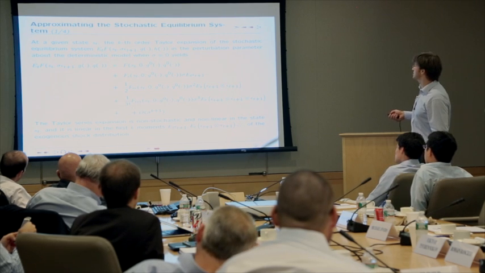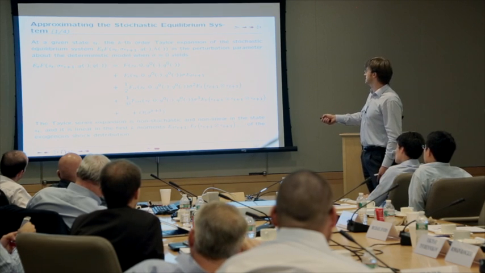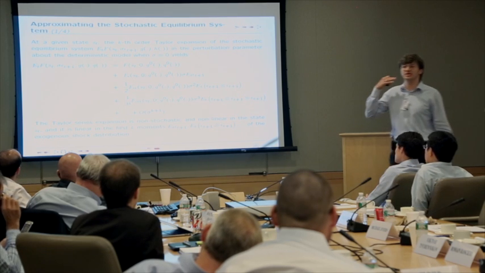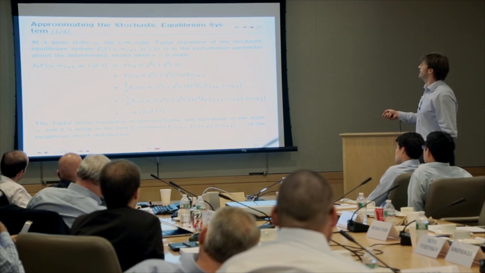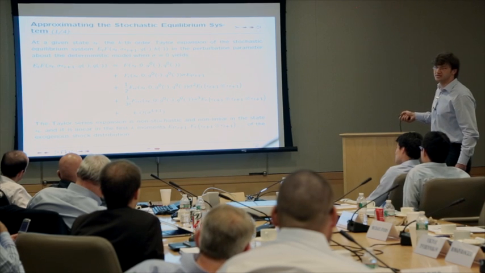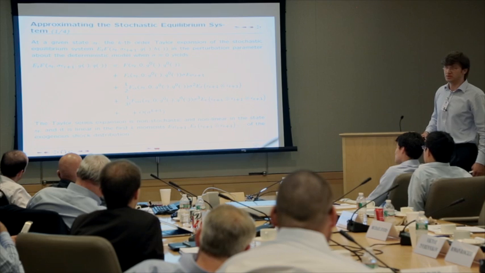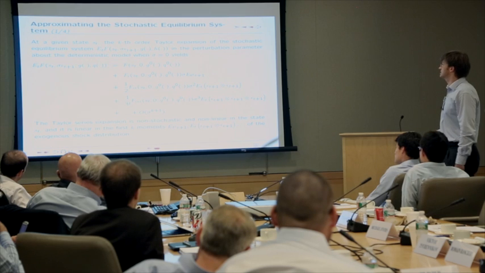Because I perturb about the deterministic one, I can take the expectations operator through, and I only have the expectations of the exogenous shocks. And now my new system is parameterized in the moments of the exogenous distribution. And this is a deterministic or non-stochastic setup, which I can solve.